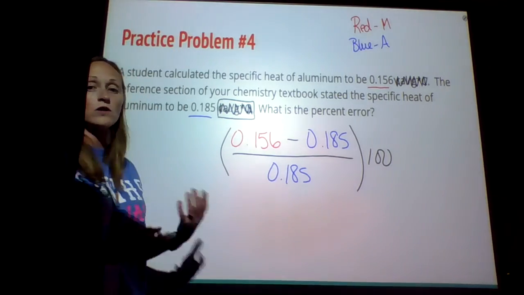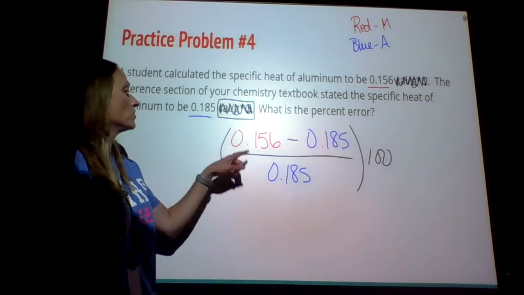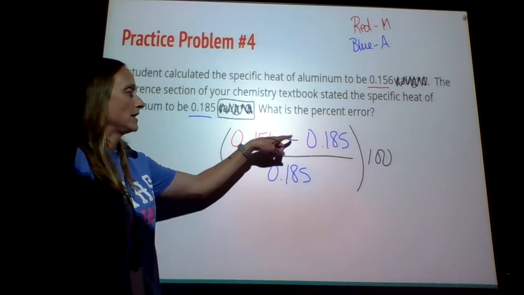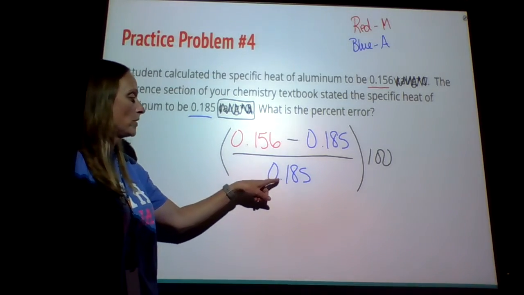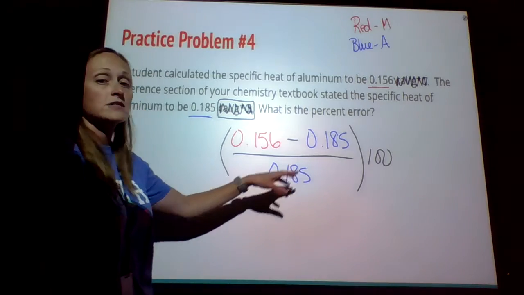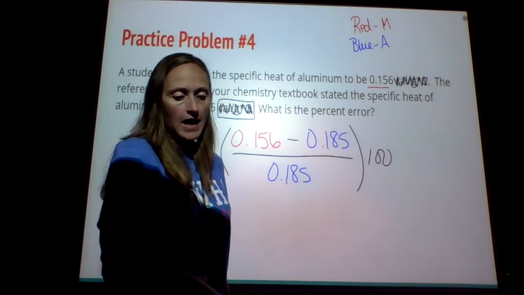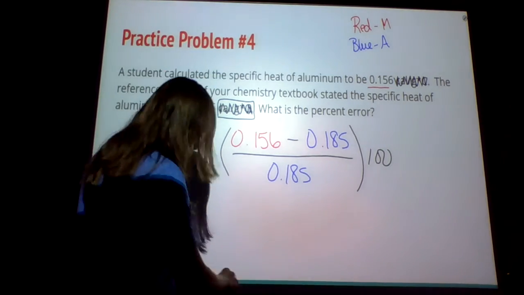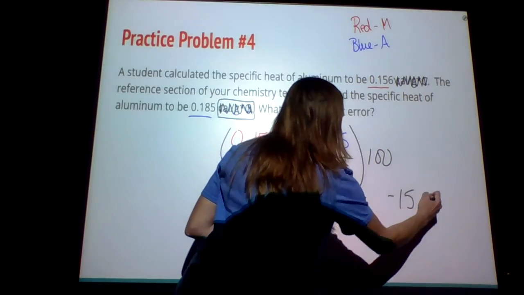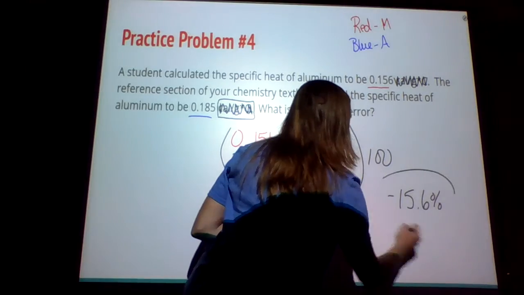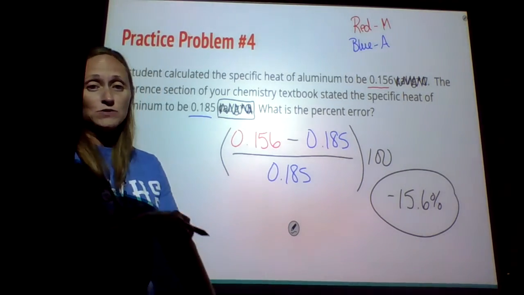Again, when you enter this in your calculator, you'll have 0.156 minus 0.185, enter, divided by 0.185, enter, times 100, enter. And for your answer, you're going to get a negative 15.6%.